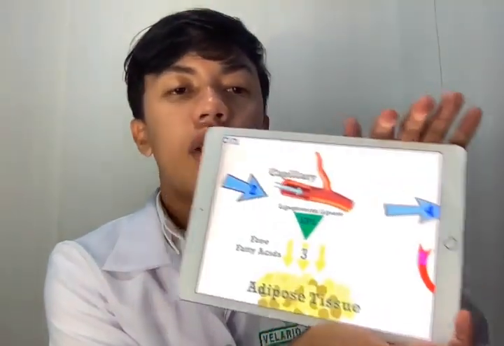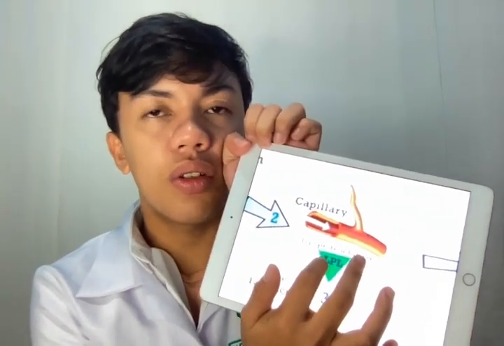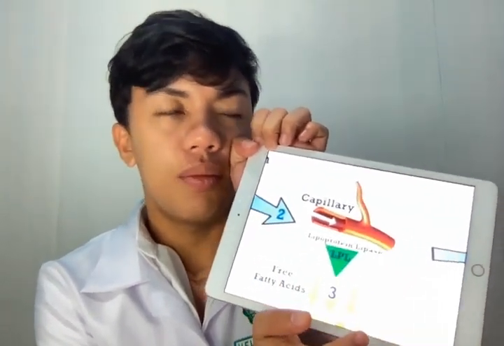Then when it enters the circulation, it will be bound to ApoB48, which is the apolipoprotein. It will activate the lipoprotein lipase that is present in the vascular endothelium.